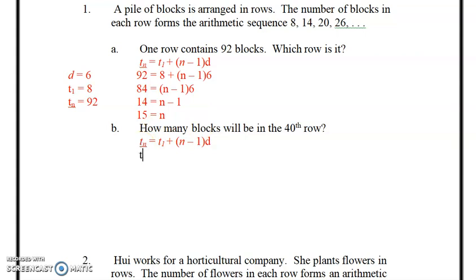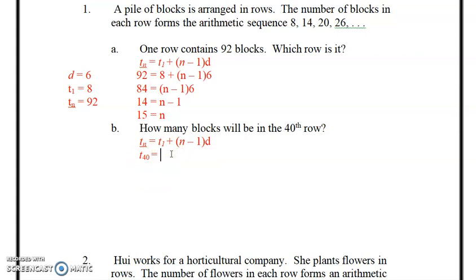So it's going to be T to the 40 equals the first term, which is 8. Sorry about that, just another slight interruption. So we are looking for how many blocks are in the 40th row. The 40th is going to be our n value, so T to the 40.